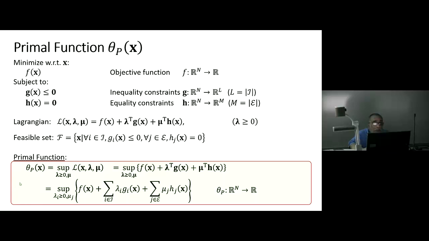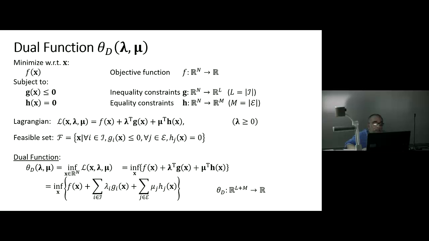So what we do is, in the primal function, we maximize over both dual variables, lambda and mu. And since we have done the maximization over lambda and mu, we are left with only the argument x. So theta p of x is equal to this supremum of the Lagrangian with respect to lambda and mu.